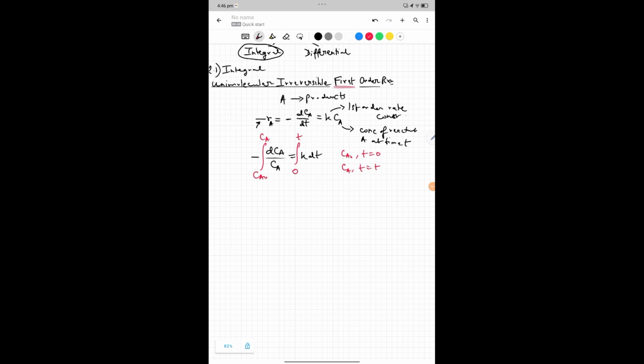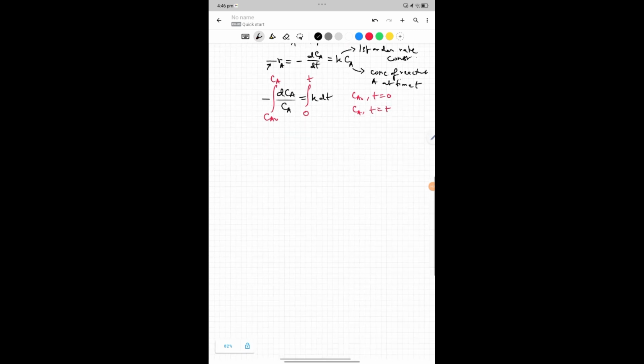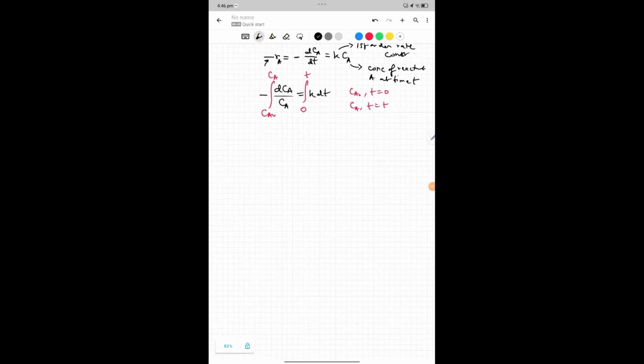We are doing definite integration here. If we integrate this, we get minus ln CA by CA0, because you know the integration of dx by x is ln x. I'm writing it directly. If we put the limits and substitute the values, we get this equal to kt.